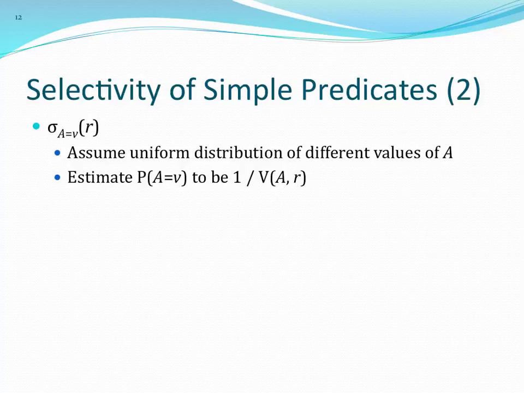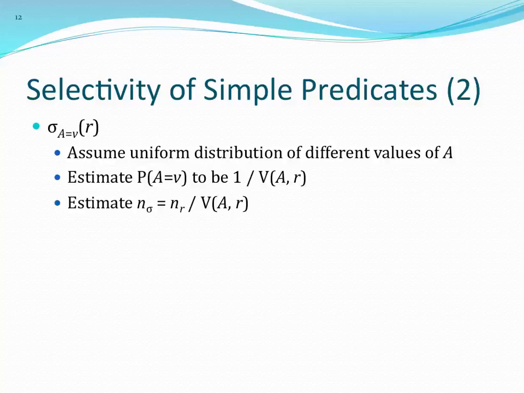And so we're going to estimate, presuming that it falls within the range, that the selectivity of an equality comparison is just going to be 1 over the number of distinct values of that attribute. Yay, aren't we cool? So we're just going to make that assumption. So the number of rows, like I have here, is the number of rows input, so whatever R's total number of rows is, divided by the number of distinct values of that attribute that I'm doing the equality comparison on. Uniform distribution, yay, yes.